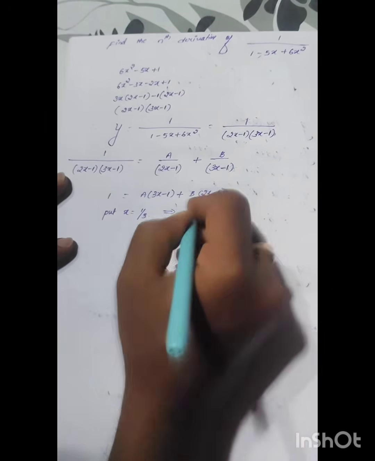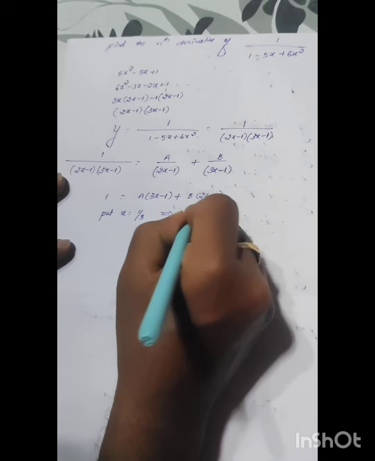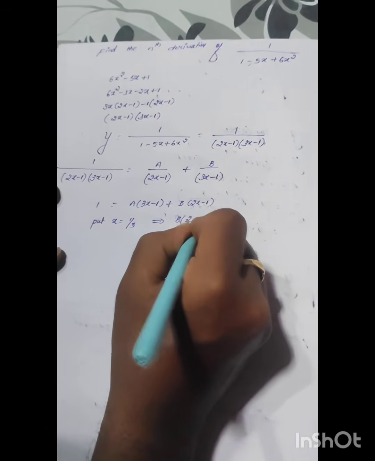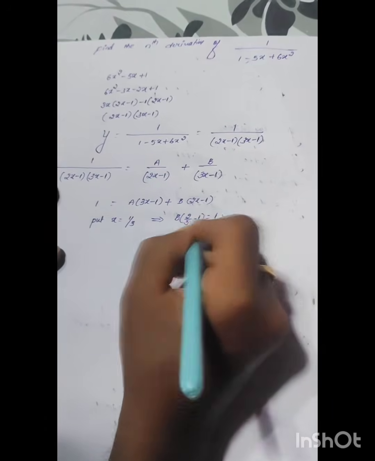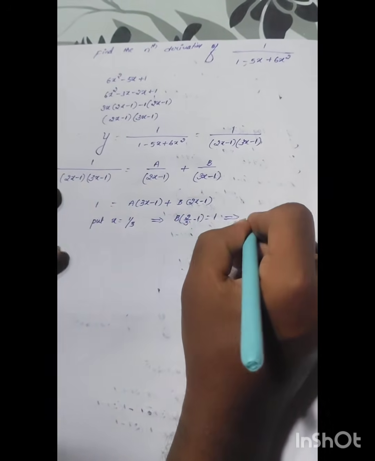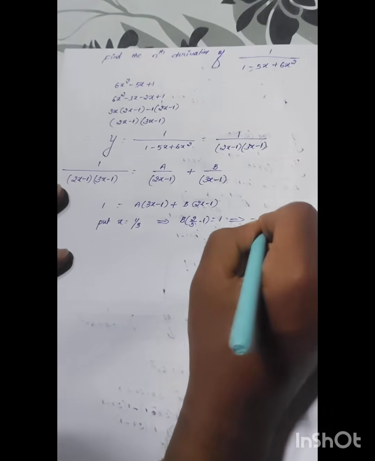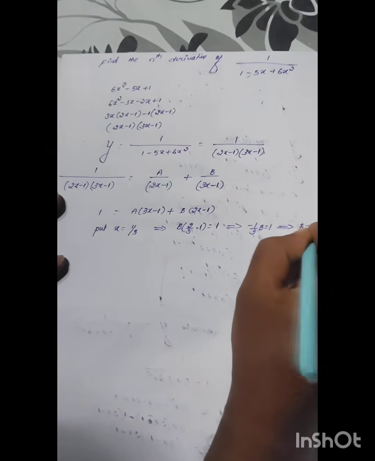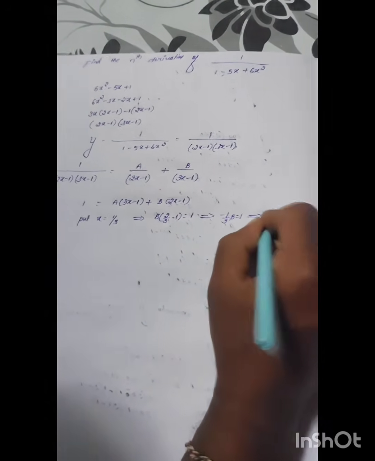Which implies b into 2 by 3 minus 1 equal to 1. So this implies 2 minus 3 is minus 1 by 3, so minus 1 by 3 b is equal to 1, implying b equal to minus 3.